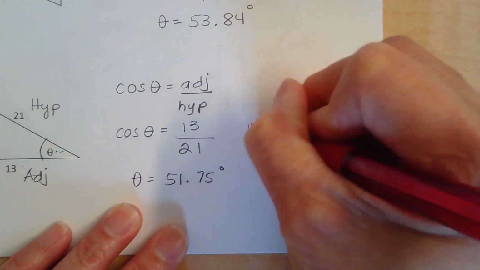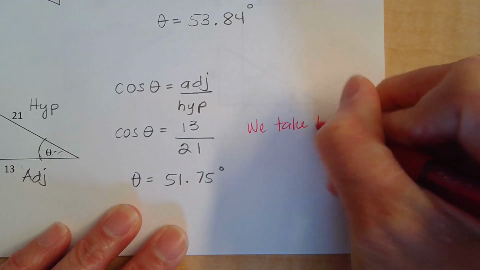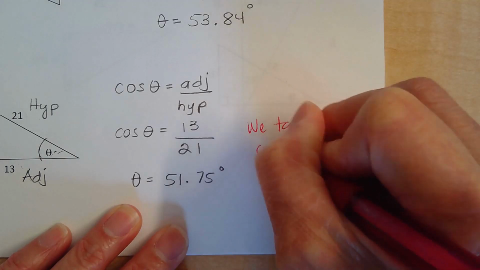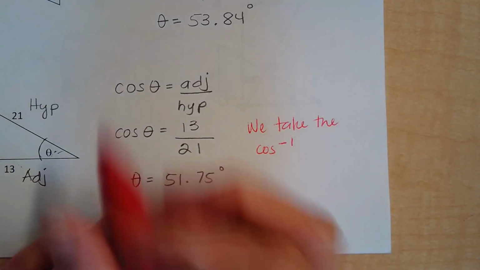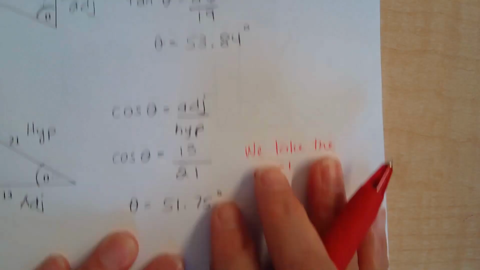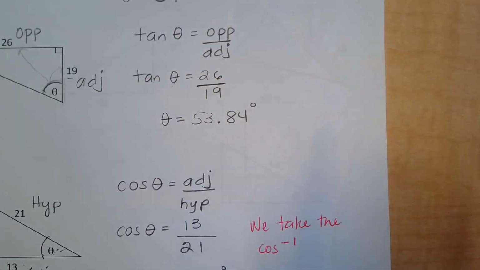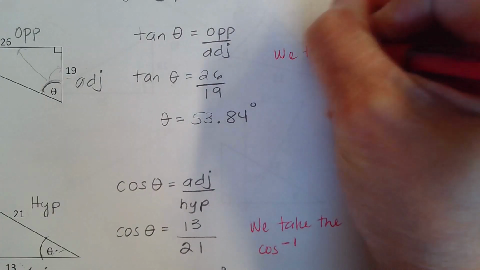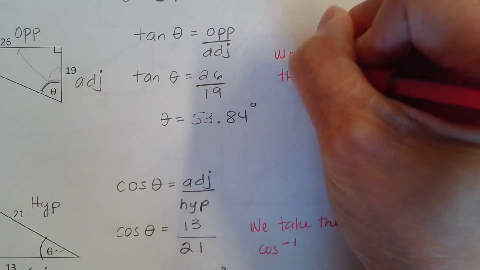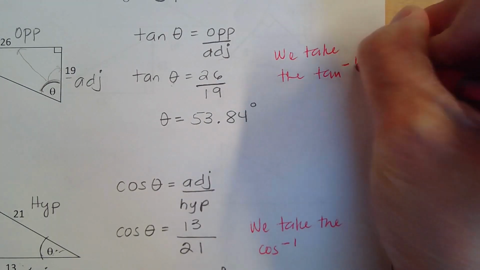So we take the cos inverse here because this is cos, and in example number 2, we take the tan inverse.